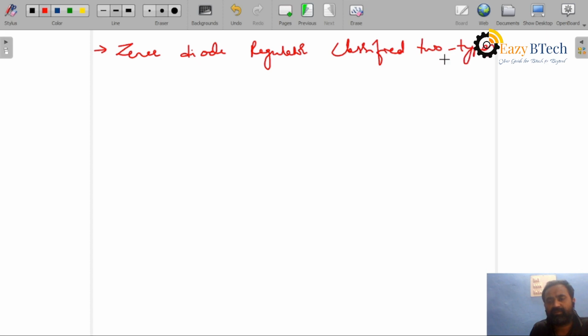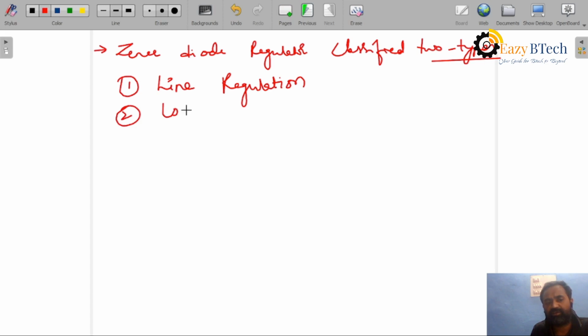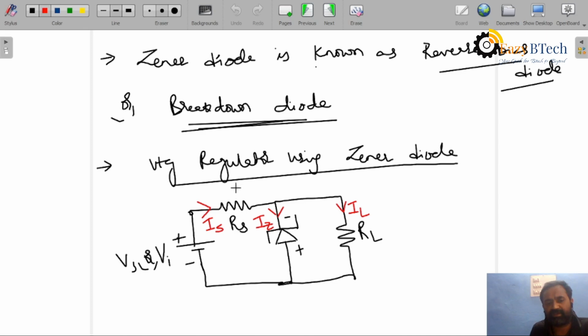Number one, line regulation. Second one is load regulation. Line regulation, load regulation. Okay, before going to this, you can see from the previous circuit.